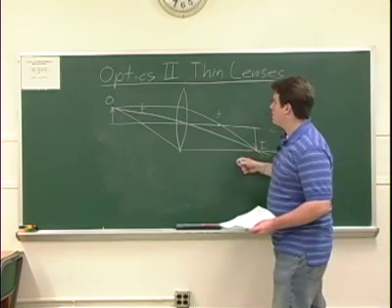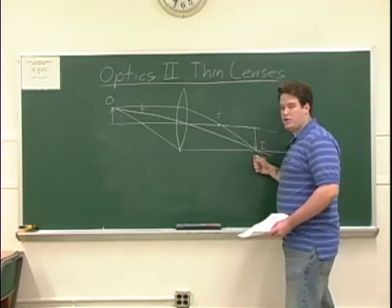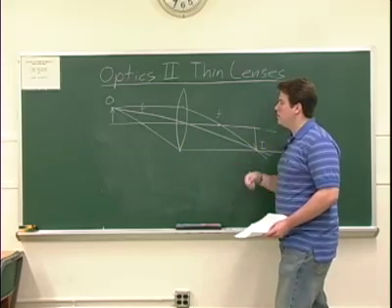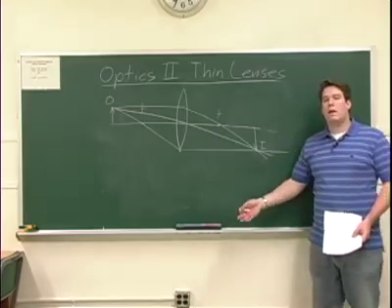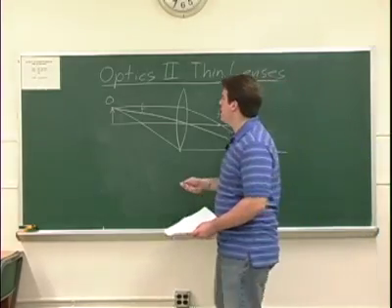We can parameterize the location of the image and of the object using what's called the thin lens equation. There's a derivation of it in your lab manual, but here I'll just write it down.